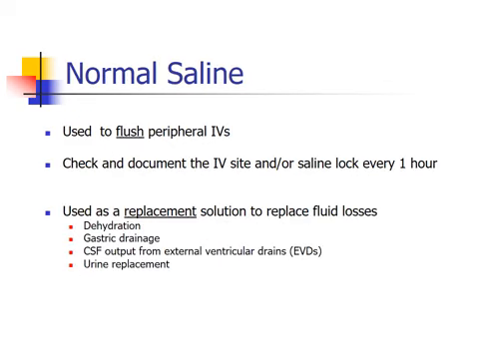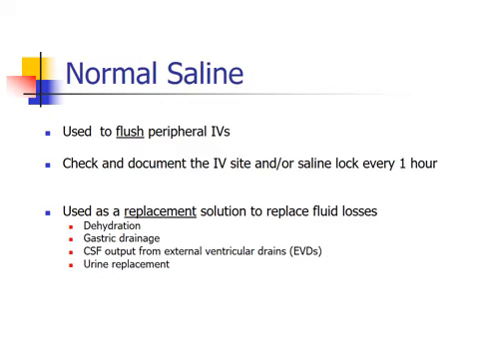Normal saline, we use that to flush peripheral IVs. And if they have a saline lock, you would assess the site hourly and document that in the electronic medical record. Normal saline can also be used as a replacement fluid to replace any losses such as gastric drainage, CSF output from an external ventricular drain, or as urine replacement.